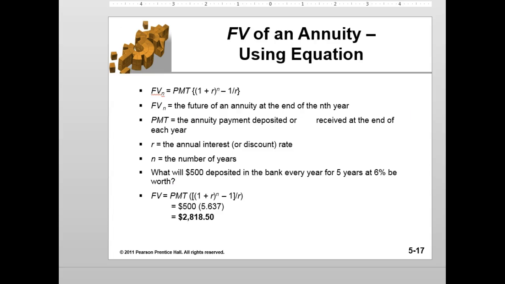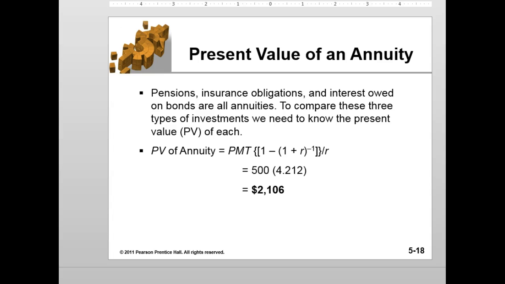Now, that's the one we just did. Let's look at the present value of an annuity. How do you think that might work? Well, we're using a payment. It says equal payment times 1 minus 1 plus the rate to the negative power, divided by the rate.